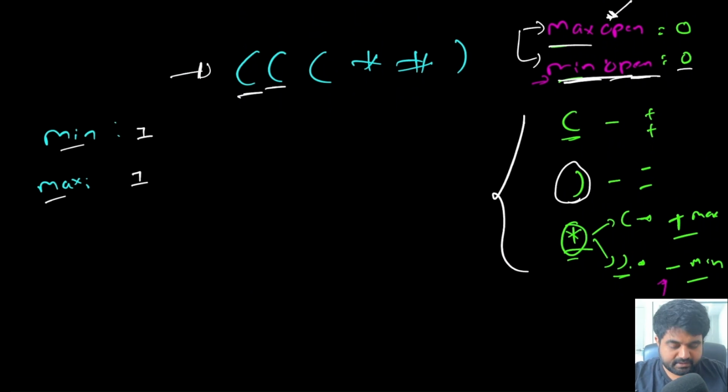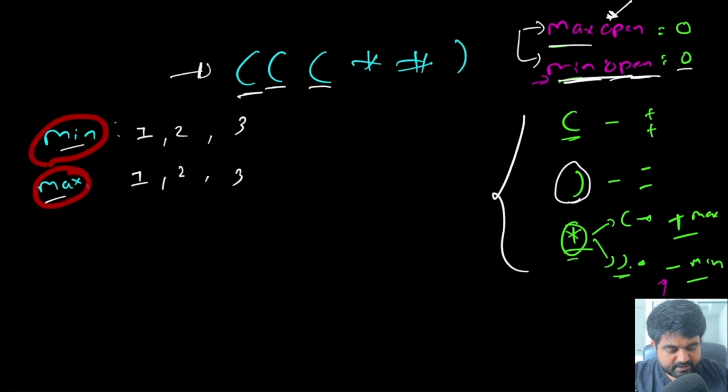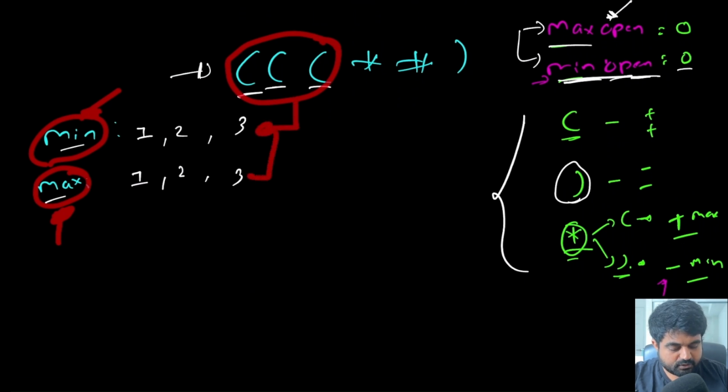Once again an open parenthesis, so both values are 2, and once again, both values are 3. Notice what these values define: the minimum number of open parentheses that we will have to deal with, and the maximum number of open parentheses that we have to deal with. So far we haven't encountered any star, so that's why the numbers are the same amongst both of them.